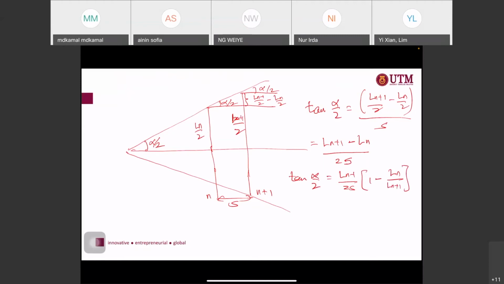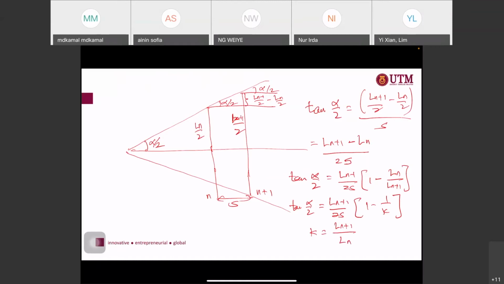So tangent alpha over 2 is equal to Ln plus 1 over 2S, times 1 minus 1 over K. Let's say this is just a constant K, where K is equal to Ln plus 1 over Ln.